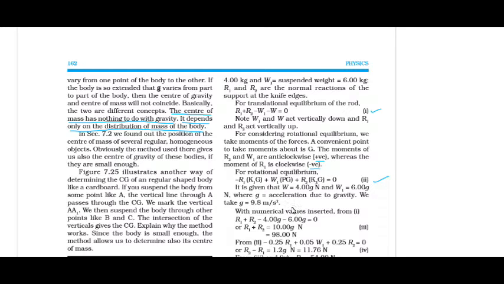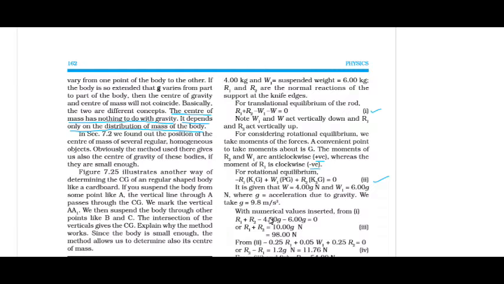It is given that W is equal to 4g Newton and W1 is equal to 6g Newton, where g is the acceleration due to gravity.